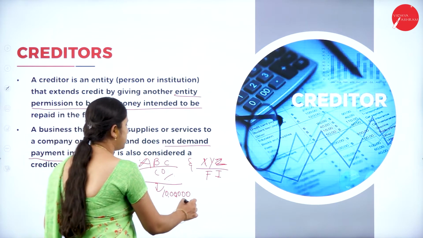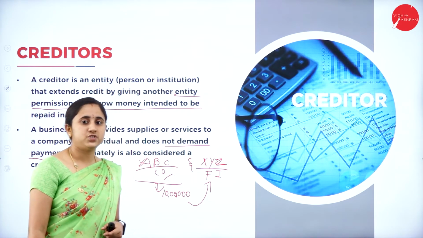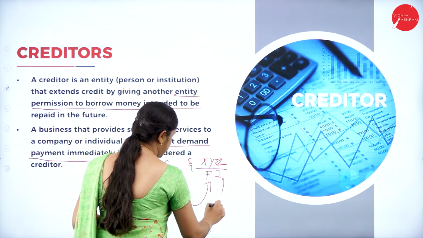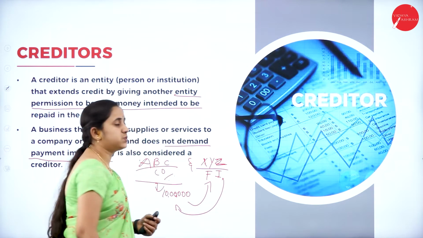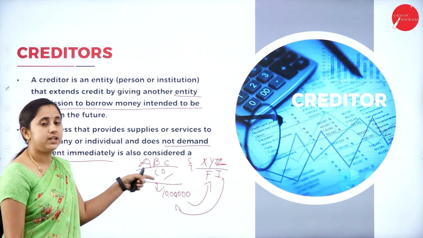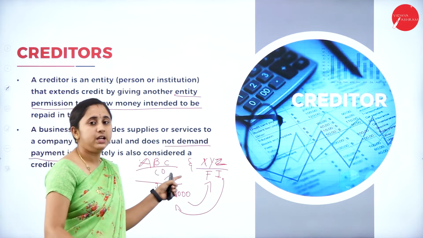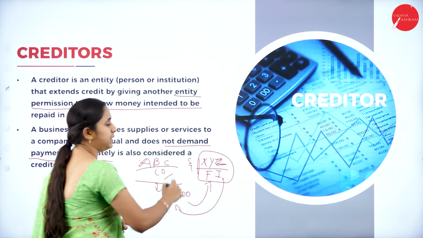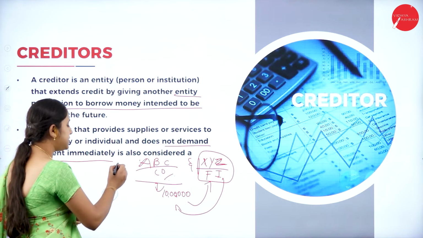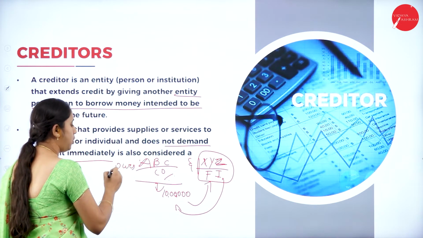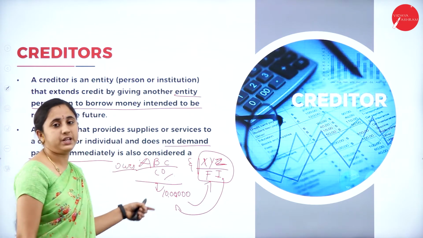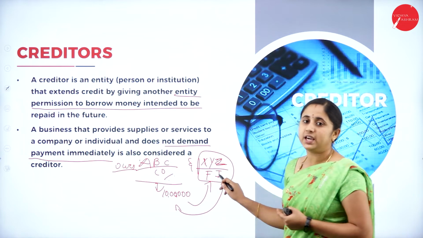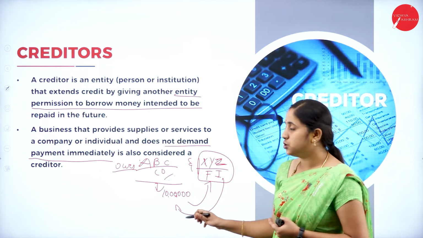So, they approach XYZ financial institution to borrow the money. XYZ gives 10 lakh rupees to ABC company and gives some time to repay the money. Here ABC owes money. That means ABC company has an obligation to repay money to the XYZ financial institution.